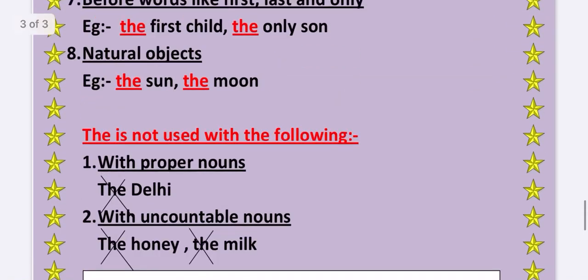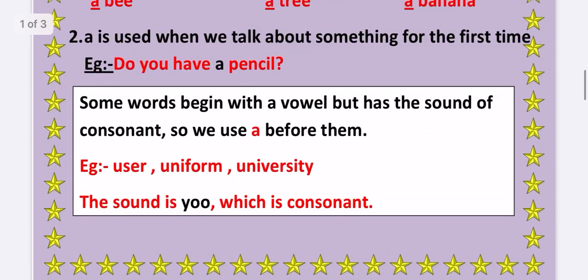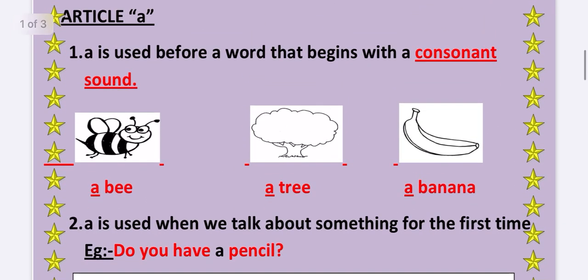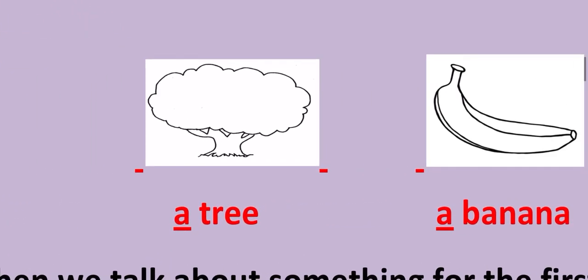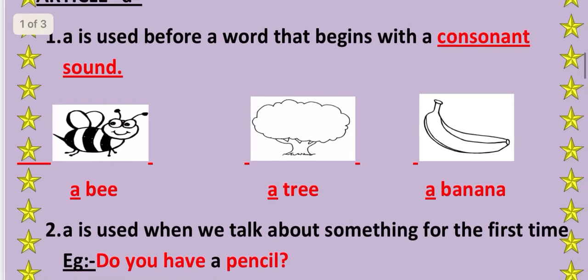So the words which start with a consonant sound, like a bee, a tree, a banana, all start with consonants: B, T, B. So we will use a before them.